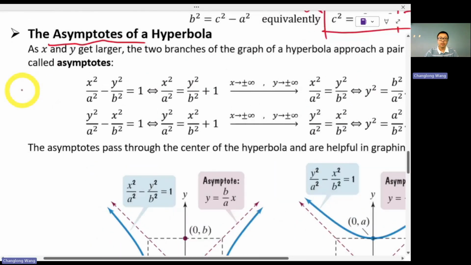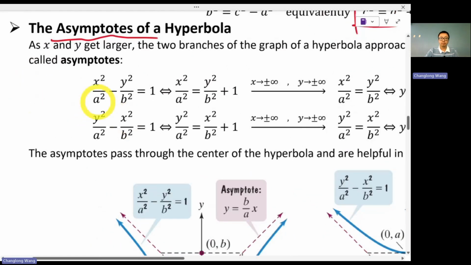So now let's take a close look at the first scenario. Real quick, can you guys tell me if this is a horizontally opening or a vertically opening hyperbola? Horizontal, right? A horizontal opening hyperbola.